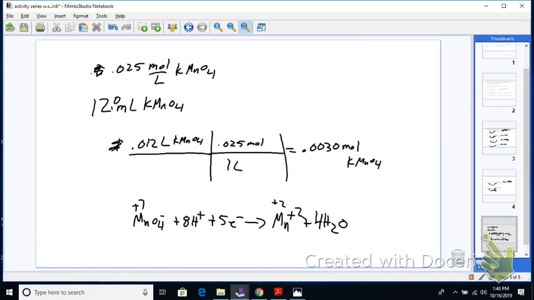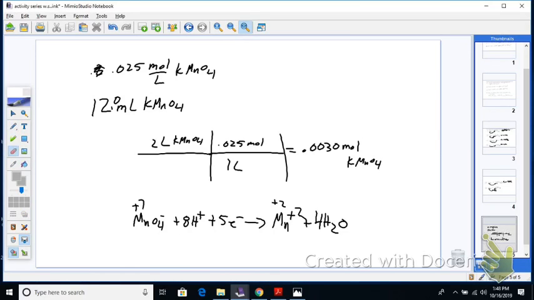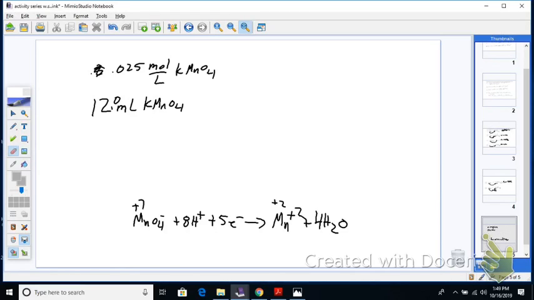So above that, you have a reaction that would be H2O2 is going to go to O2 plus the 2 H plus the 2 electrons.